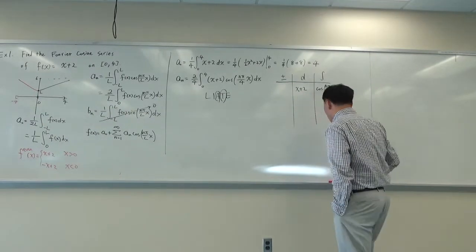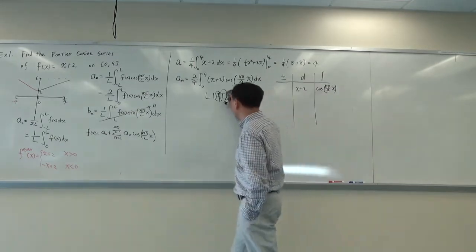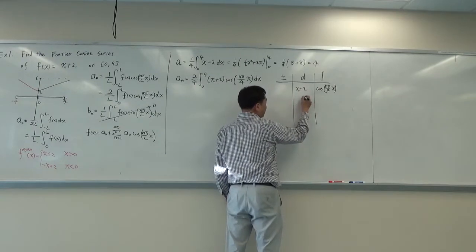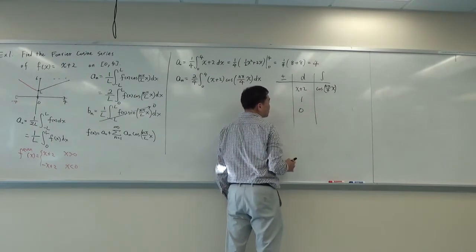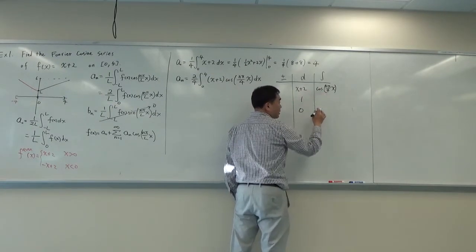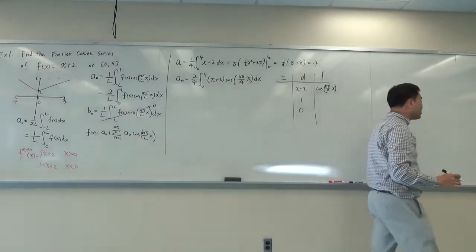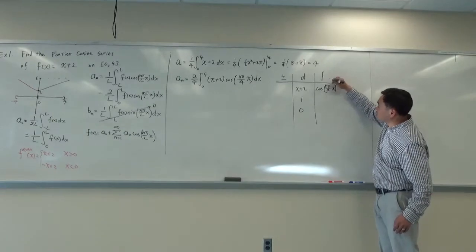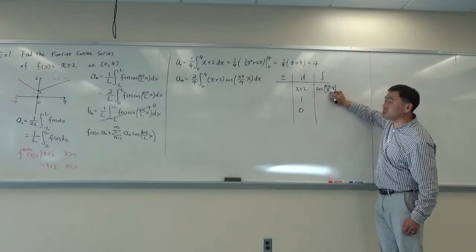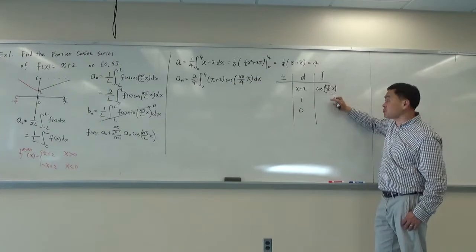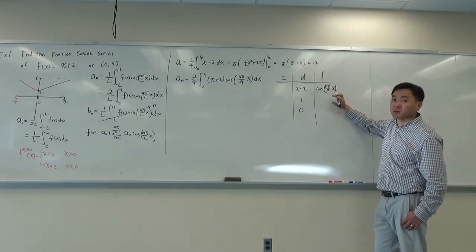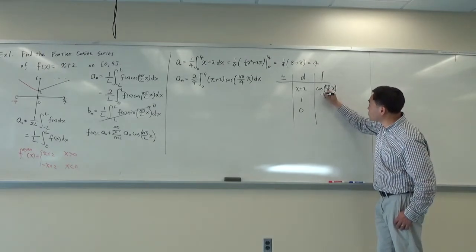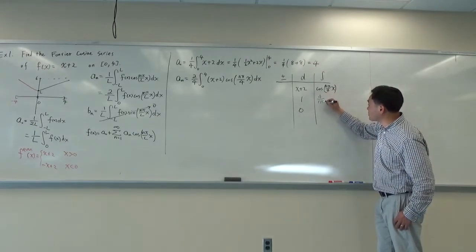Okay, so that's what we have, and then keep differentiating until you hit 0. And this one you have to integrate, and hopefully you know how to integrate this one. See, if you have any coefficient in front of x, the reciprocal of that number appears in front. So n pi over 4, you take the reciprocal, flip it upside down. It's 4 over n pi. That appears in front.